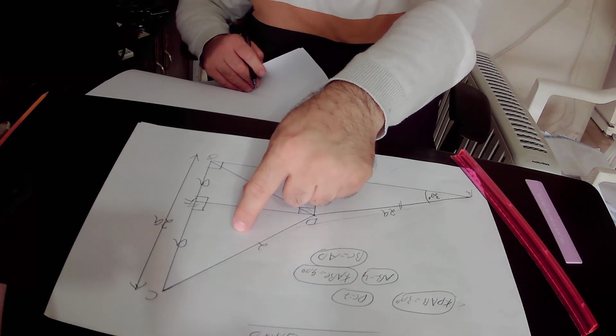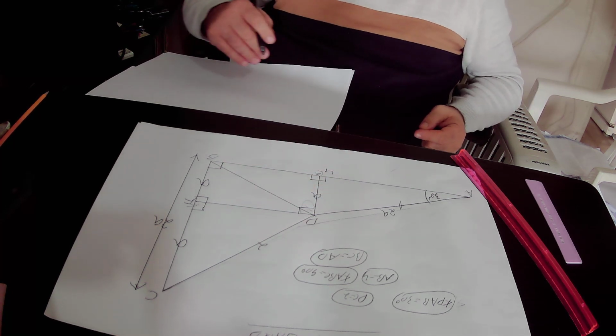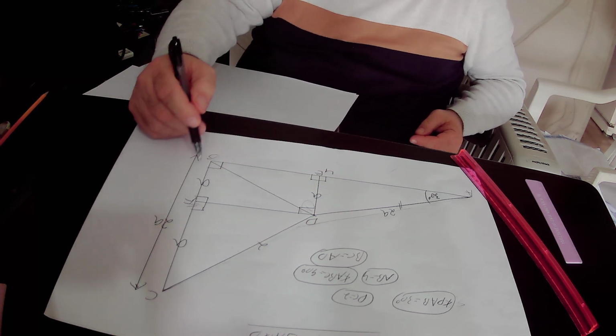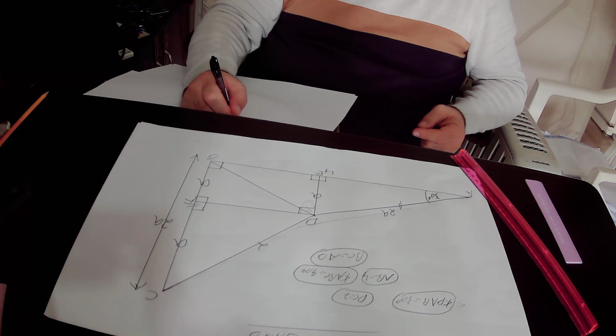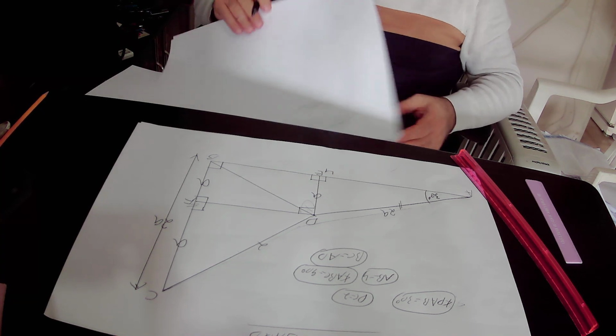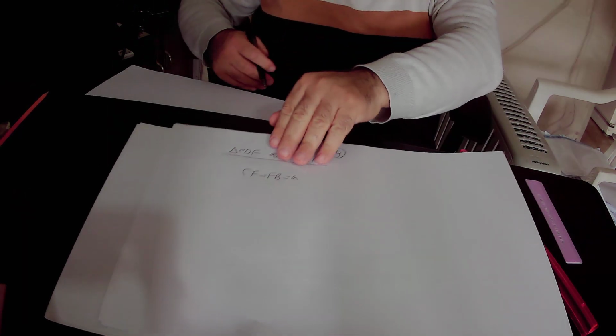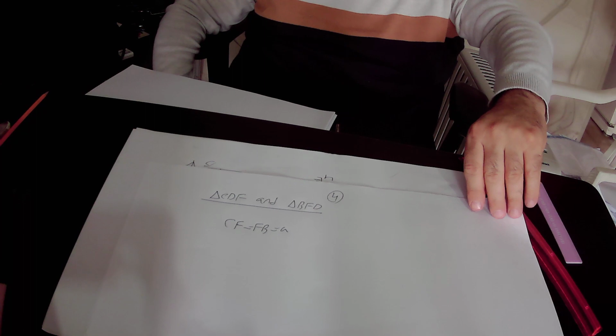Why? First of all, CF equals FB equals A units.